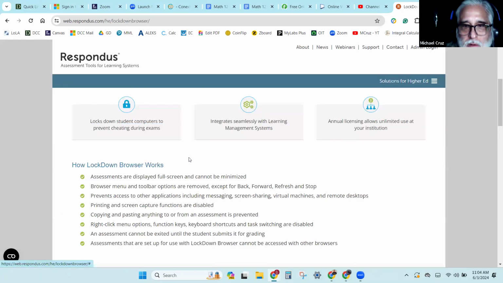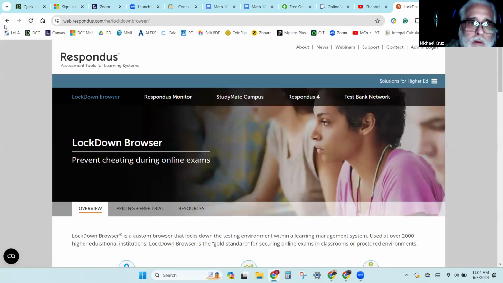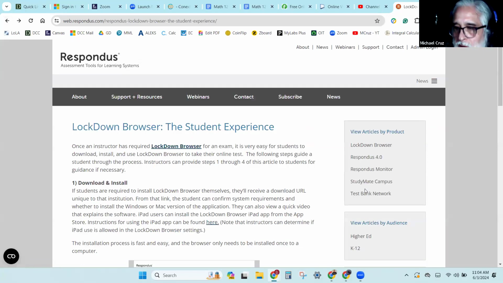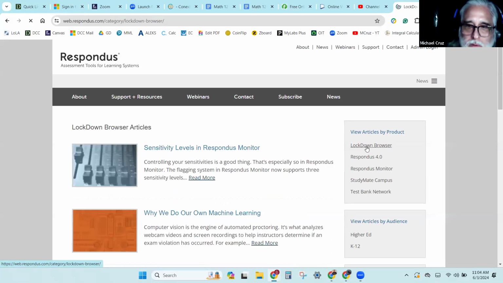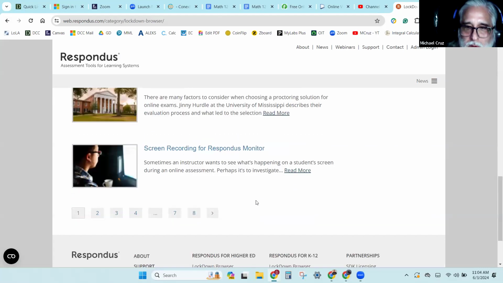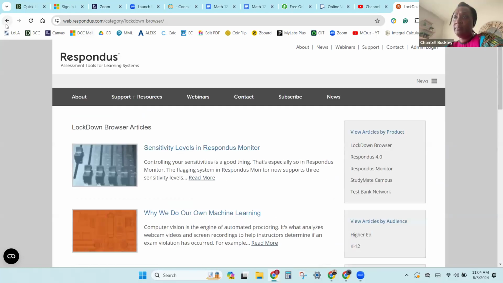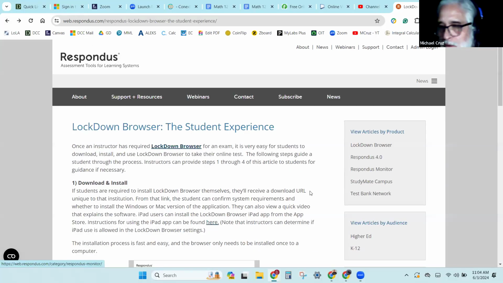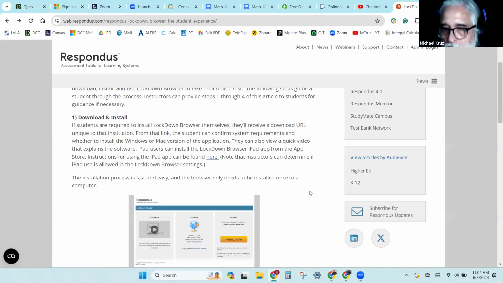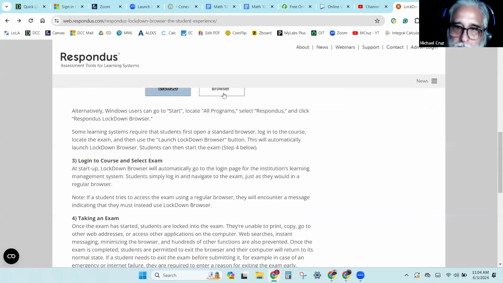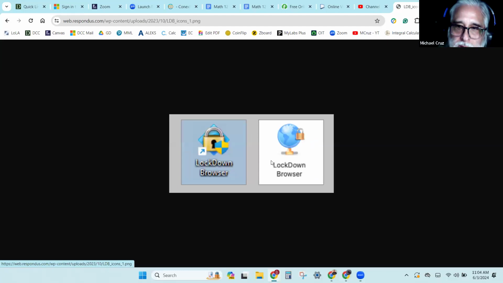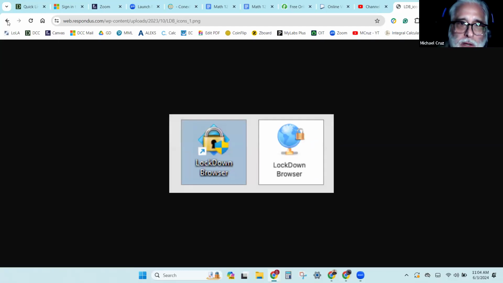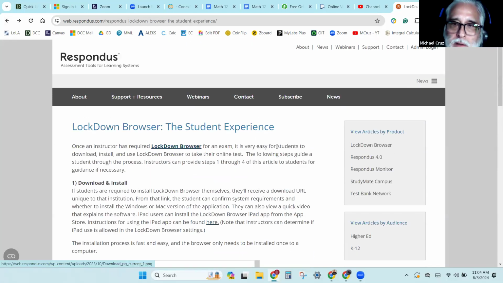Maybe that's not the page for the lockdown. I tried all of that. Because we don't use this one that much. They use it in other departments, like science and stuff. See, this is just a picture. Let's see.